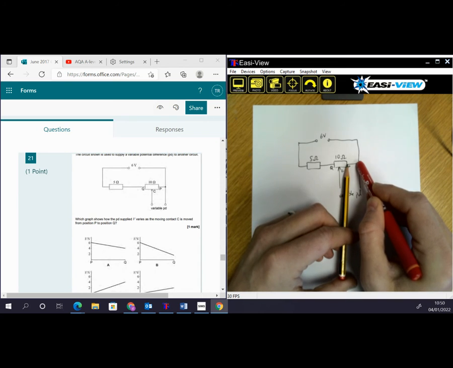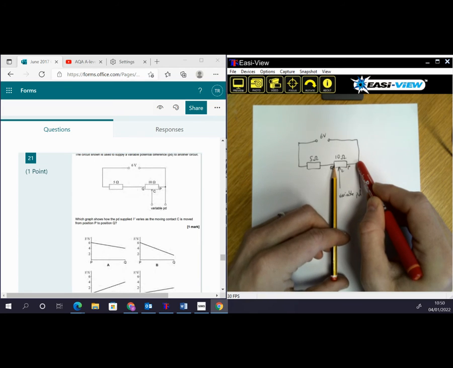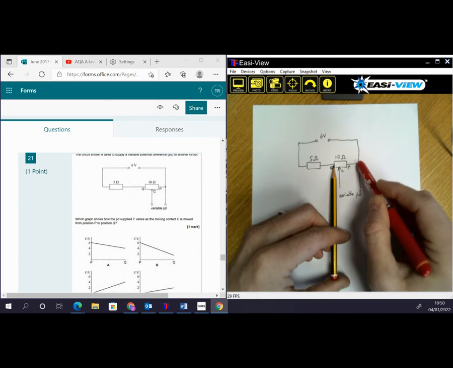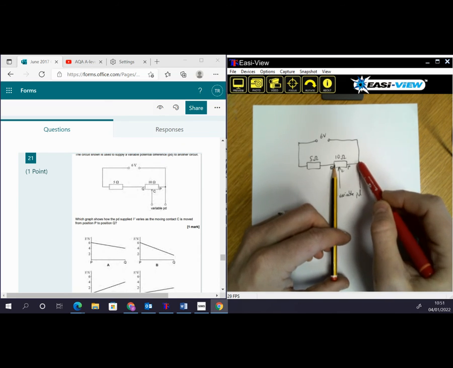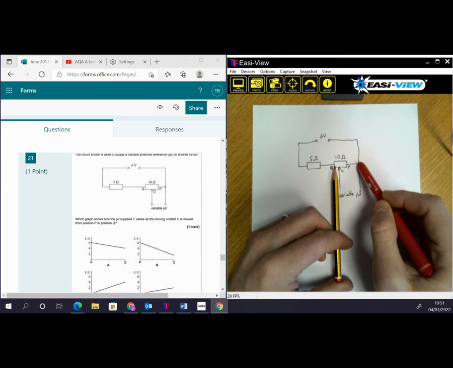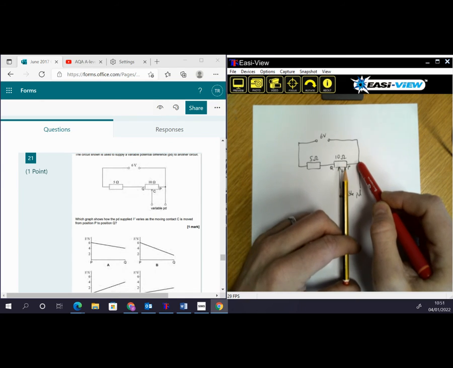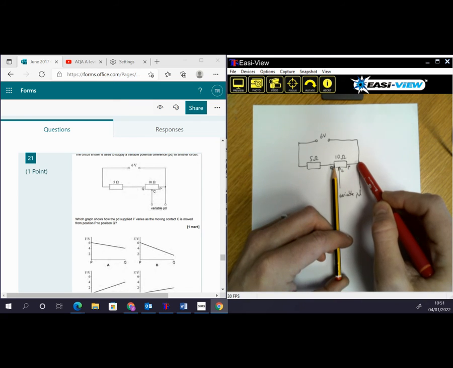And if you look at then the opposite extreme, so the opposite extreme is when it's at Q, and we're getting 10/15ths of the 6 volts. So voltages and potential divider circuits, which this is a type of, work on ratios. So we get 10/15ths of the whole is the maximum amount we can have.